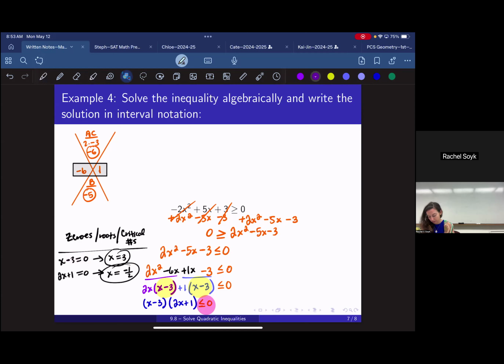So let's create our number line. Actually, I think what I might do is I'll put my number line up here with more space. Negative infinity, we have negative 1/2, we have positive 3, and we have positive infinity. Once again, closed circles because our inequality has a line underneath it.